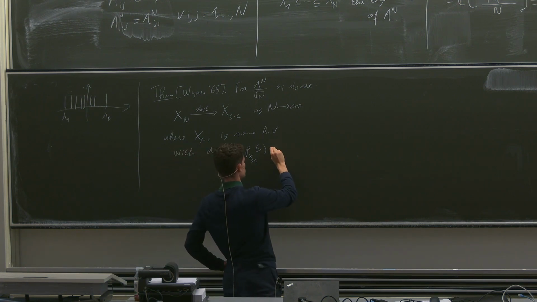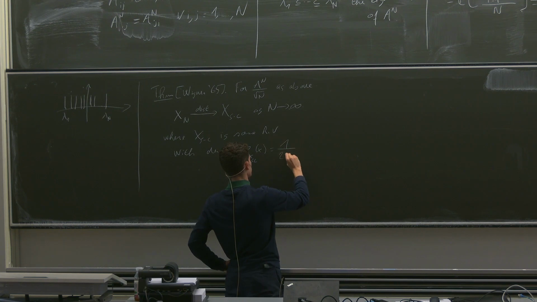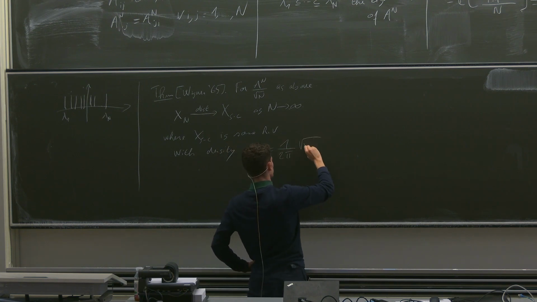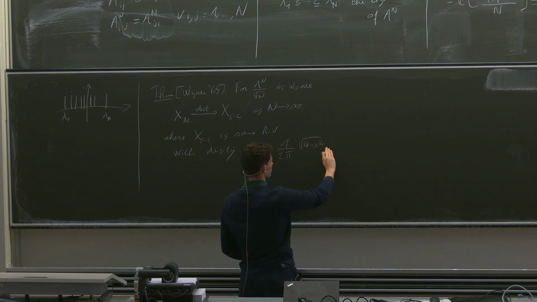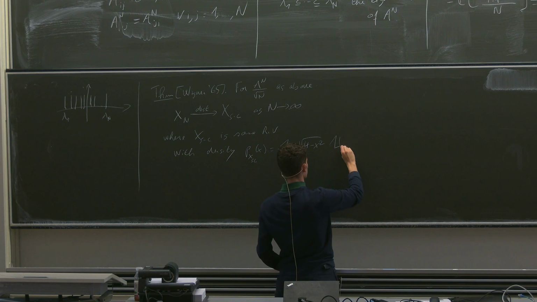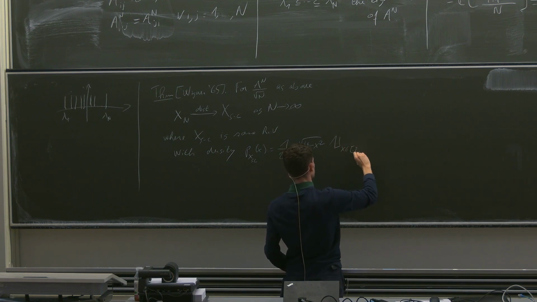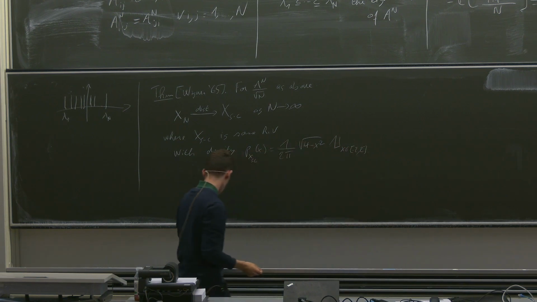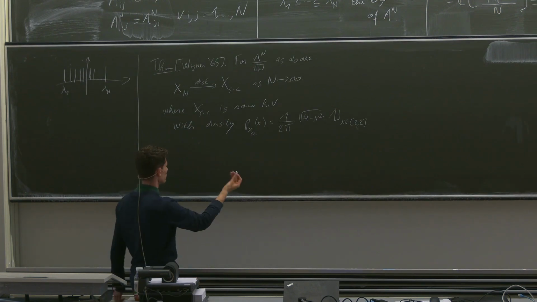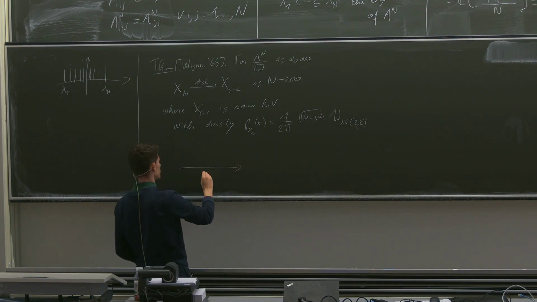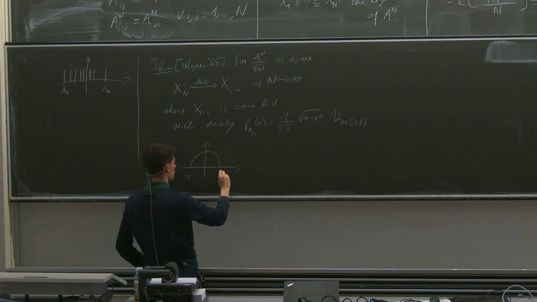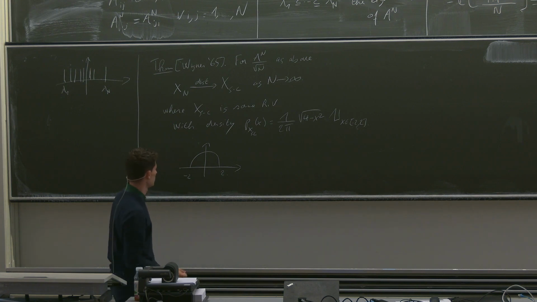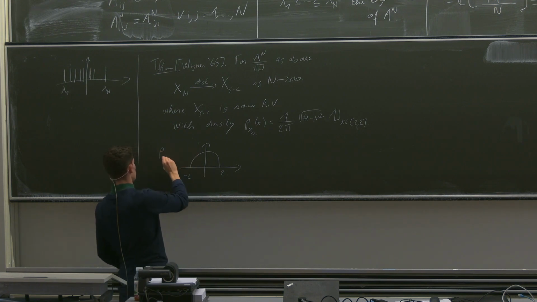So this is equal to 1/(2π) √(4 − x²), times the indicator that x is in [−2, 2]. So it's just the random variable distributed according to the semicircle you just saw in the simulation, between −2 and 2. Okay, so this is ρ_SC.